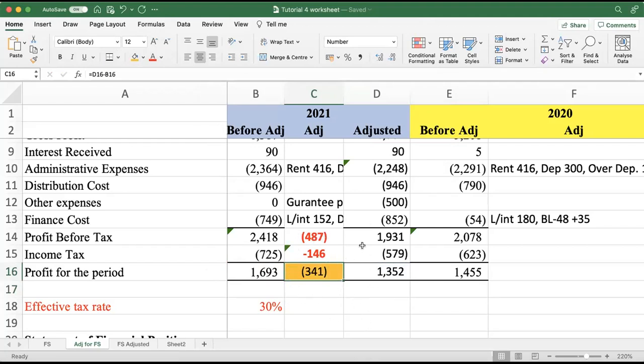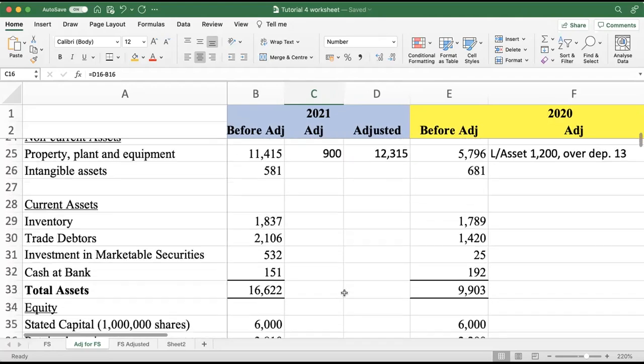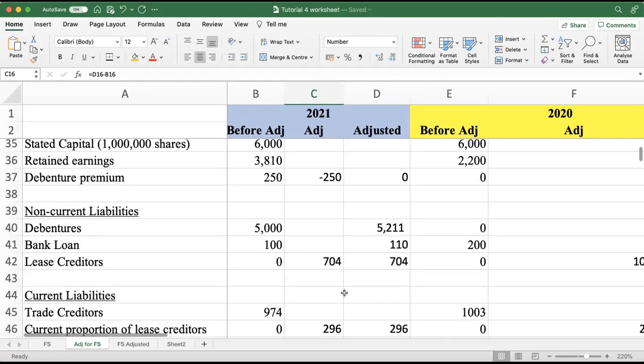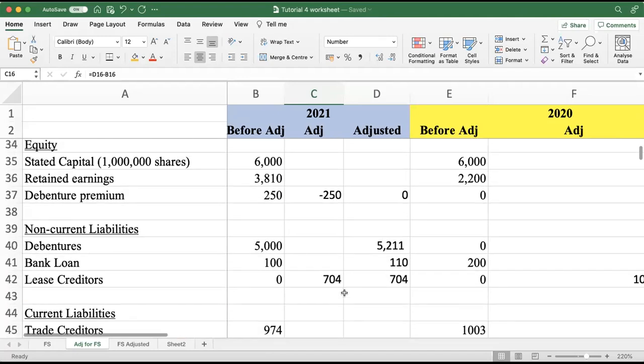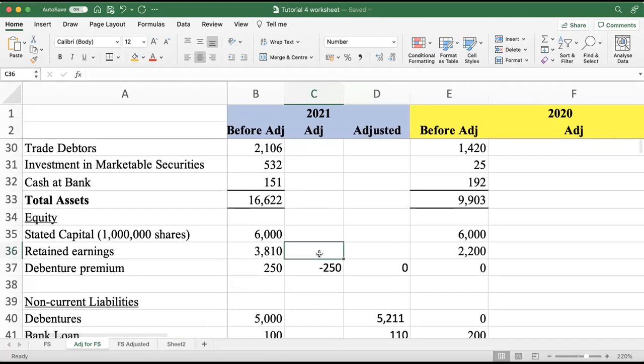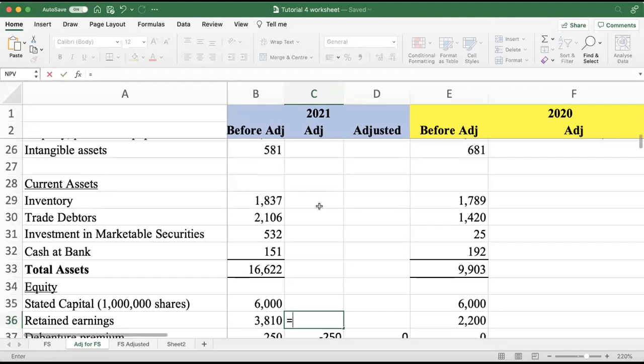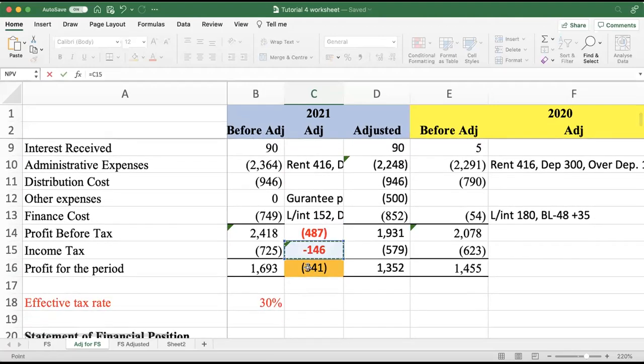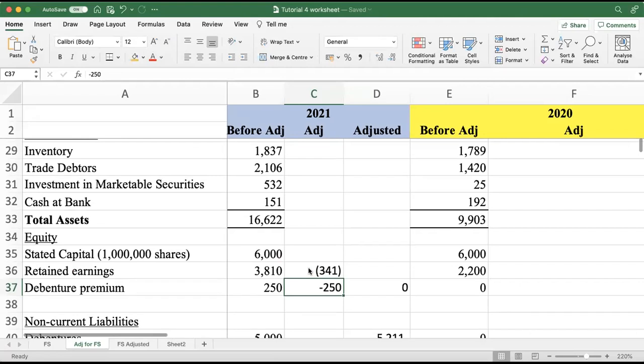The net change in the profit for the year, 341. So you have to adjust this to retained earnings. Profit for the year reduces by 341. As a result, retained earnings reduces by 341.